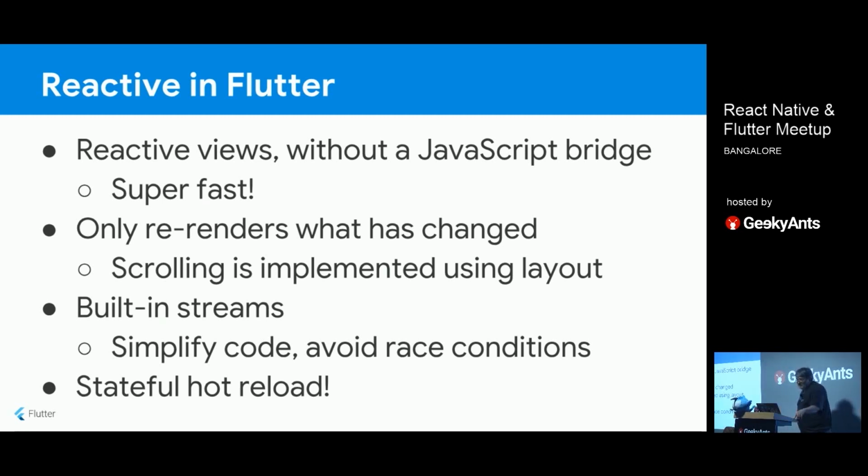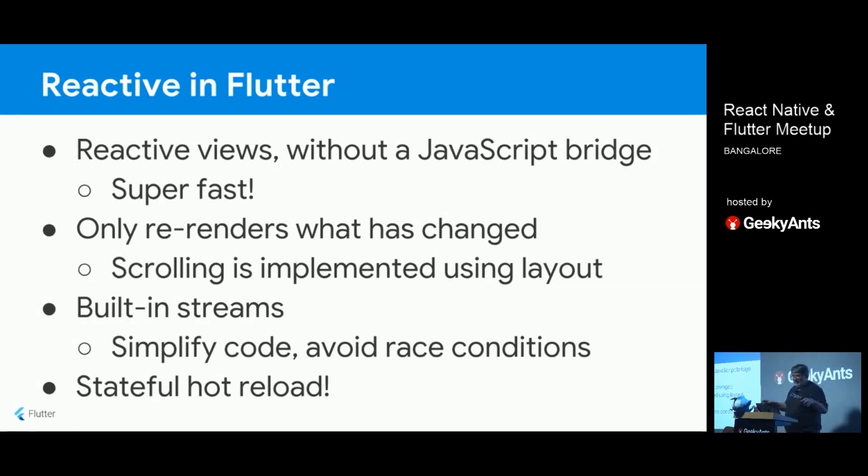Another thing is, and I'll talk about this later, we only re-render what has changed. So when we're doing animations, and there's a lot of animation going on in Flutter, we only repaint those parts of the screen that have changed. And that speeds things up dramatically. In fact, that's so fast that we have no support for scrolling.